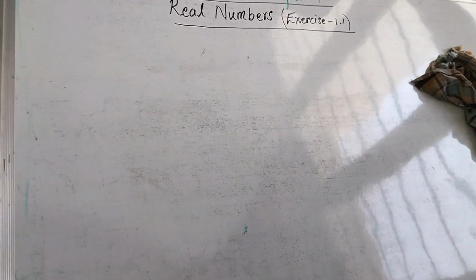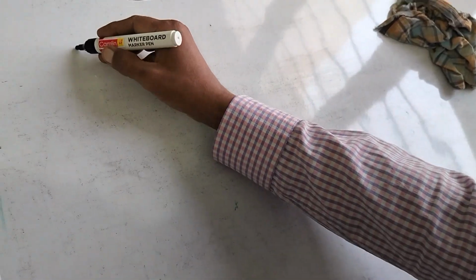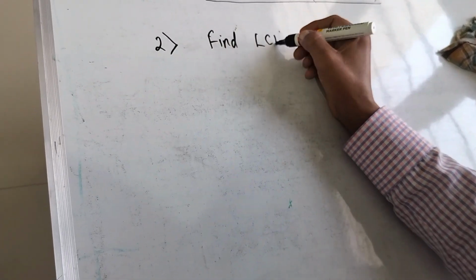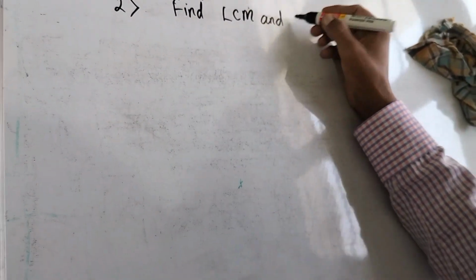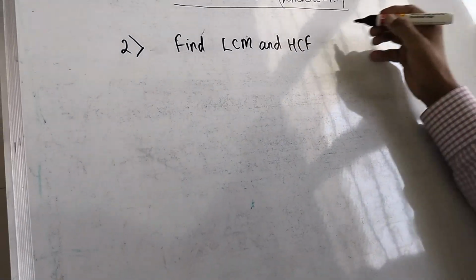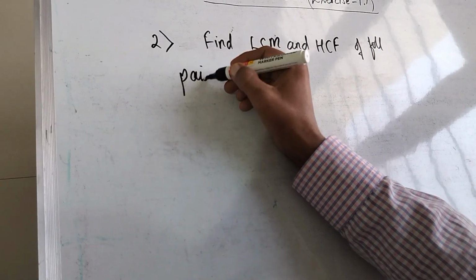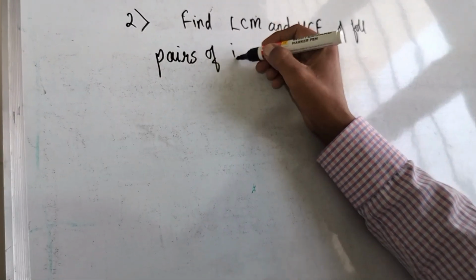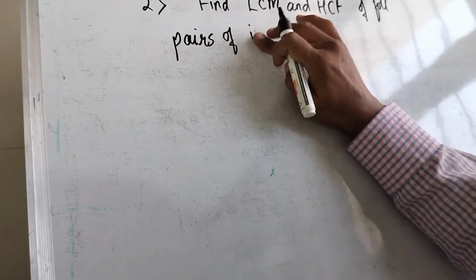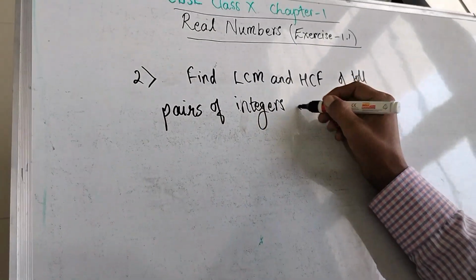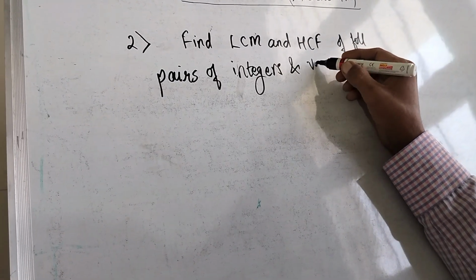This was a very simple question, the first question. Now the second question is also simple, but only one thing you have to remember: how to find the HCF and how to find the LCM. Now the second question is find LCM and HCF of following pairs of integers and verify that.